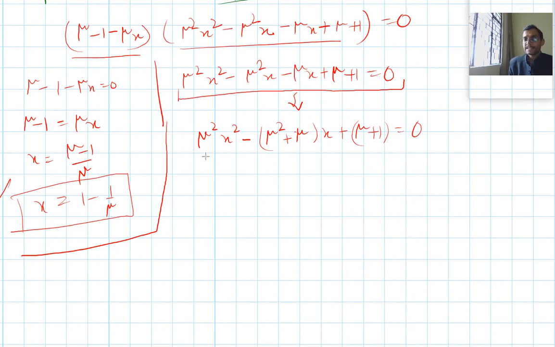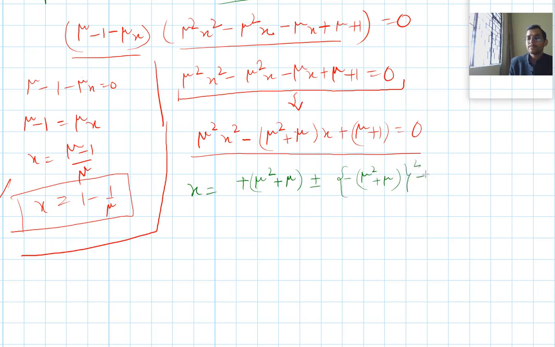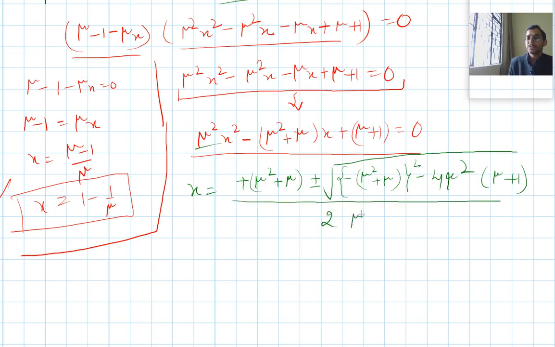So let us have a look at this part now. So x is equal to minus b plus minus the square root of b square minus 4ac, over 2a. Here b is minus mu square plus mu, in place of a it is mu square and in place of c it is mu plus 1, and taking the whole thing under the root, divided by 2a, so 2 mu square.